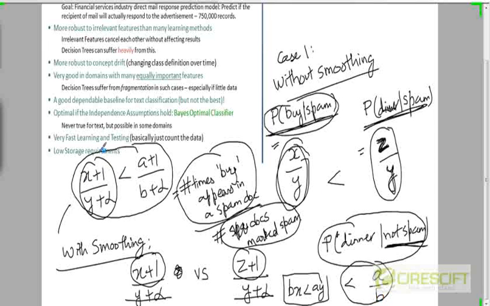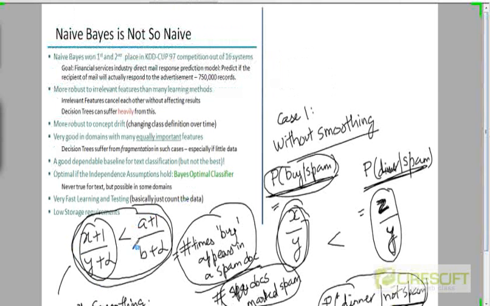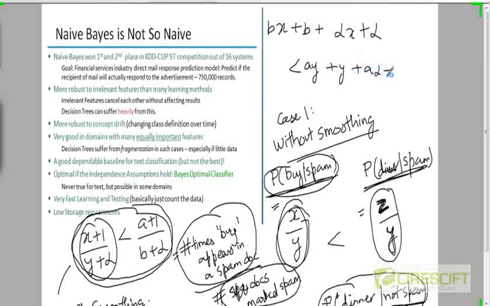Now, if we want to show that this term is less than this term, how do we show that? Again, we cross multiply. So we want to show that bx plus b plus alpha x plus alpha is less than ay plus y plus a alpha plus alpha.